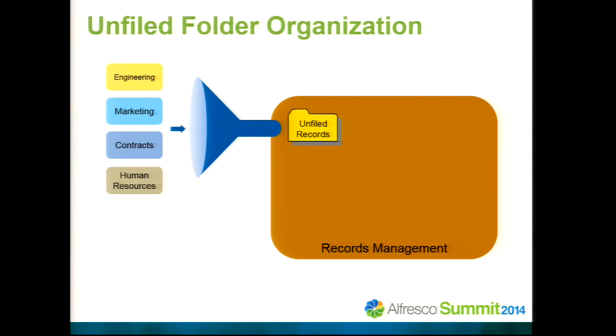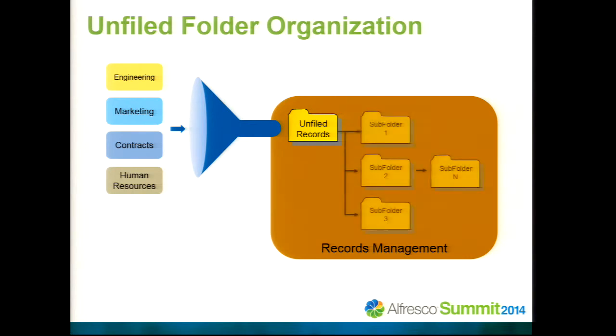It used to be that all the records would go into this single location. That location was very important, but it could be difficult to manage because it was just one folder. So what we've done now is build out a folder structure in there so you can have more finite, more atomic control over records that you want to put rules on or automatically file.